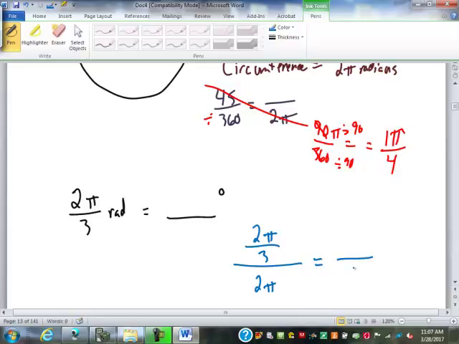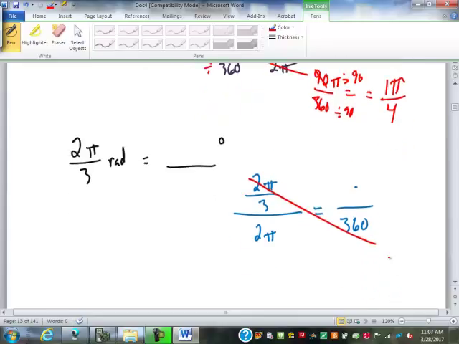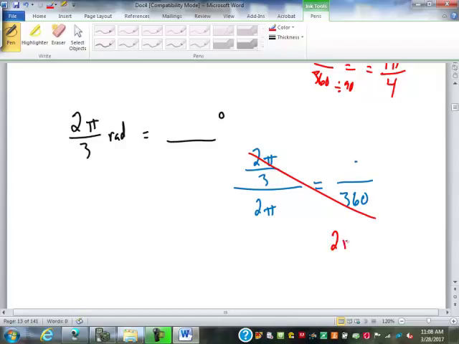In degrees, the total circle is 360 degrees. So this is going to be my number of degrees here. So I cross multiply and divide. 2 pi over 3 times 360. It's 2 pi over 3 times 360 over 1.